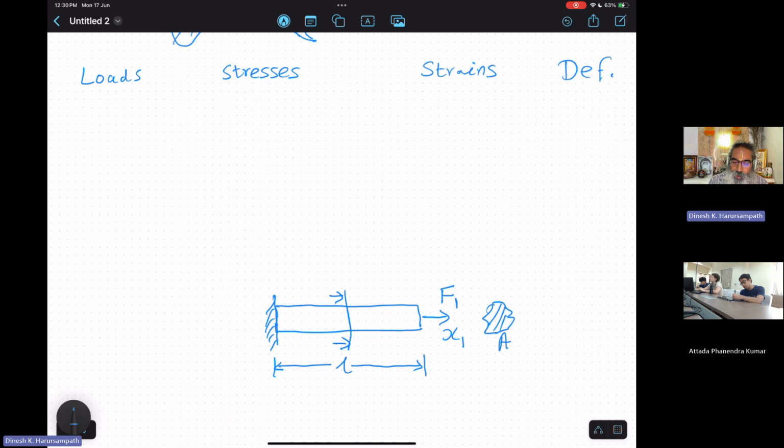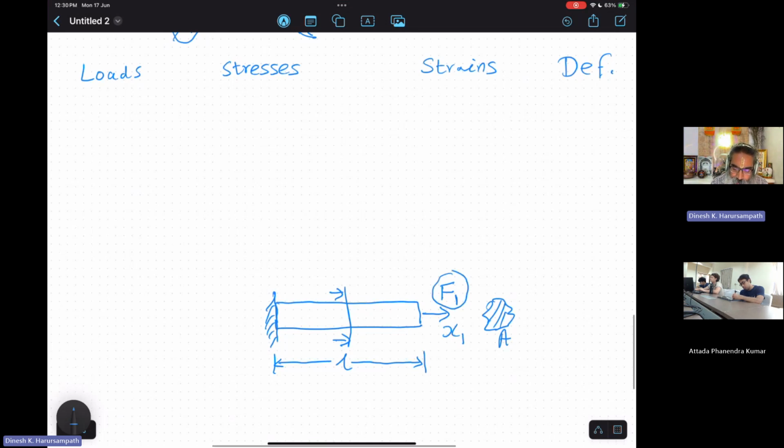So in this case, very easily we can go back to our load, stress, strain, and deformation. So we see that it is this F1 that is the load that you're applying here. In this simple problem, there are no other loads. This is the only load that is there.